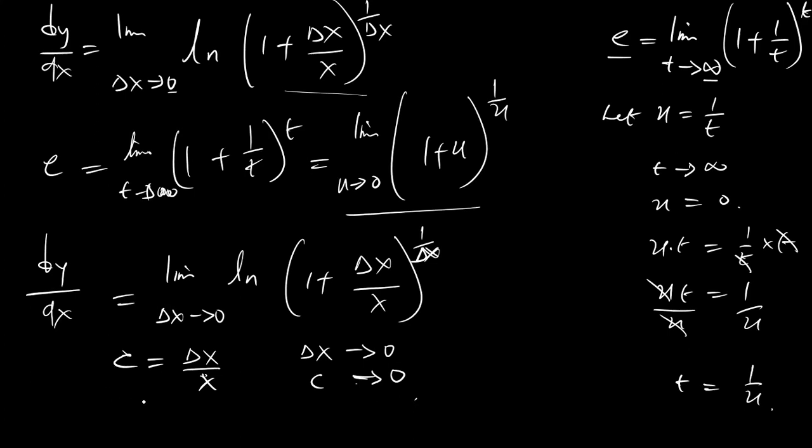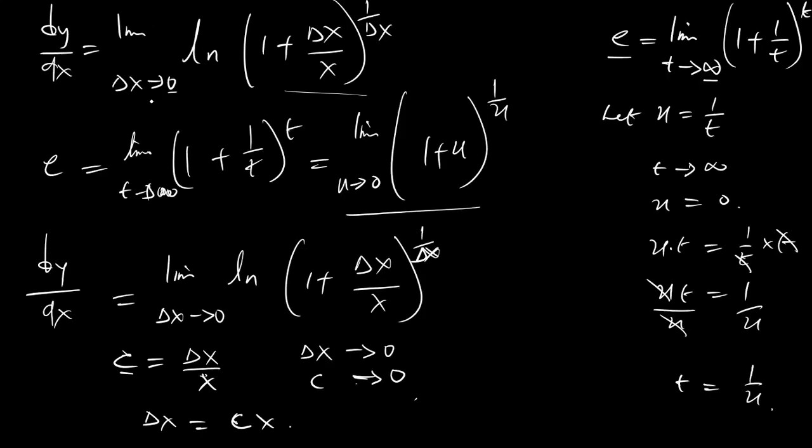Now, let's look for delta x. If you multiply both sides of this equation by x, you have delta x equal to c times x. So wherever we see delta x all over x, we substitute with c. Whenever we see delta x, we substitute with cx.